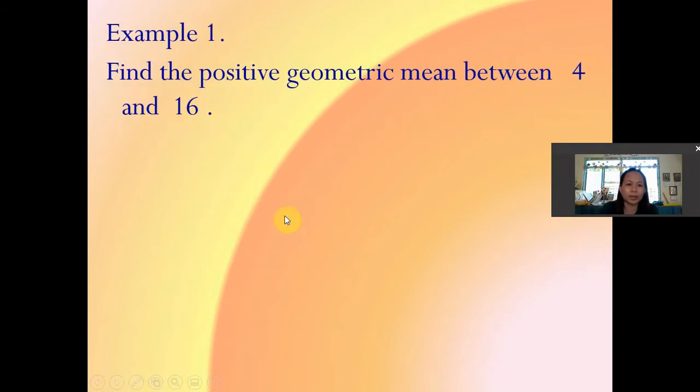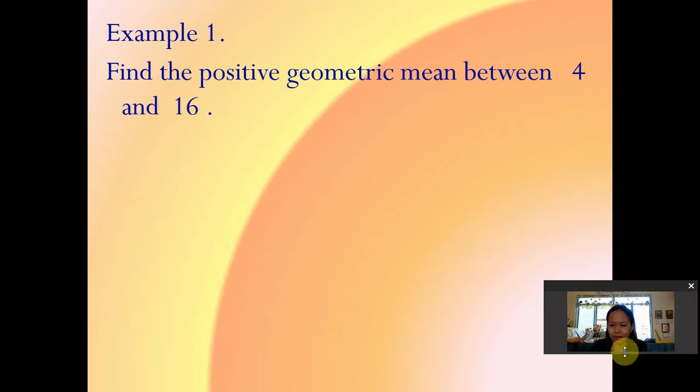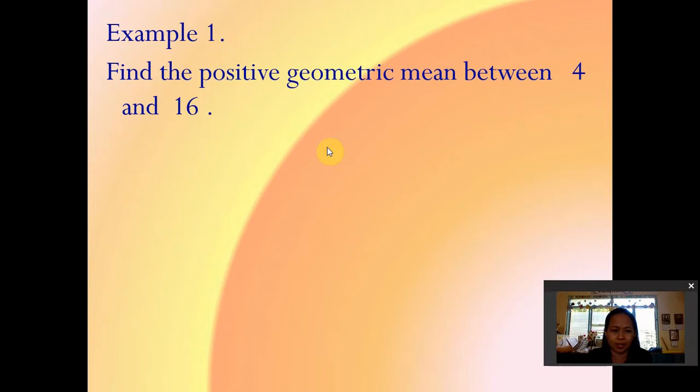Example number 1. Find the positive geometric mean of 4 and 16. Take note, we are going to look for the positive geometric mean between 4 and 16. So that is the solution. We have GM, the geometric mean.